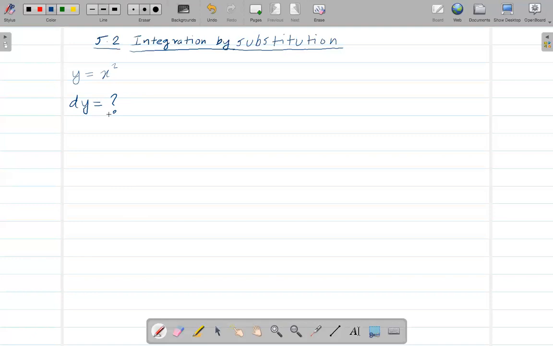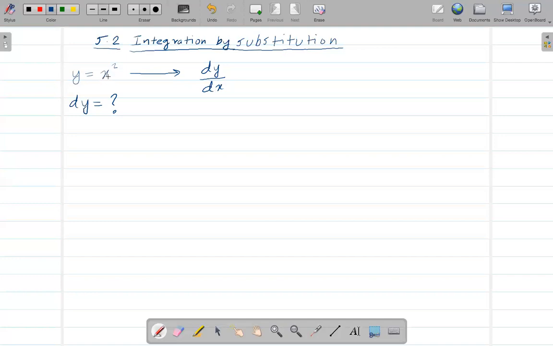From here, if I take the derivative of y, which we can write as y prime, or we can also write dy over dx. The reason I have y here is I'm differentiating this function y, and the reason I have x here is this function is in terms of x.